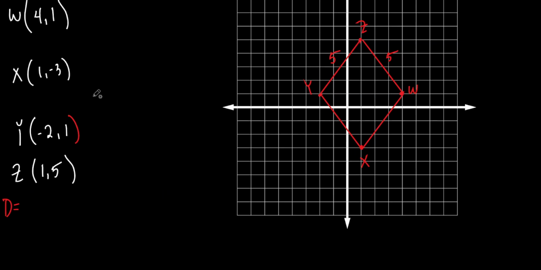Okay, let's do YX. These two in the middle right here. So square root, subtract 1 minus -2 is 3 squared. And then -3 minus 1 is -2 squared. So what's -2 squared? Wait, did I do that right?